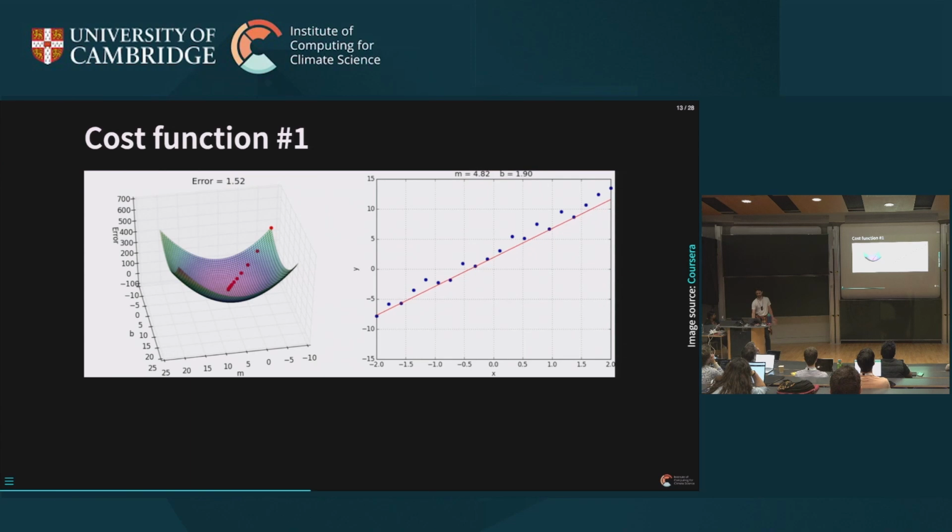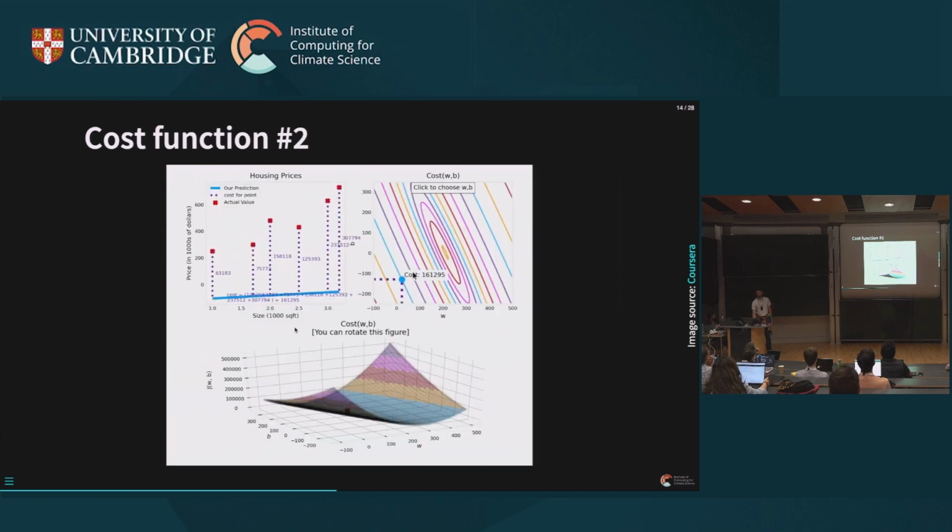You've probably seen visualizations of this before, but I think it's quite helpful to see. If we gradually step in the direction of steepest descent down the loss, the fit between the line and the data points improves.